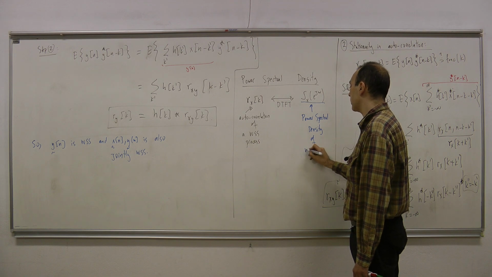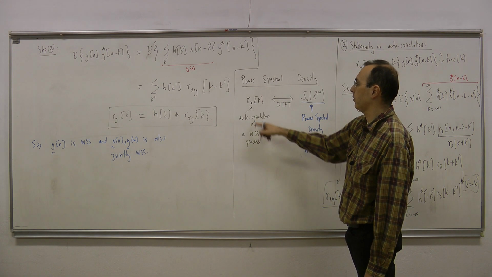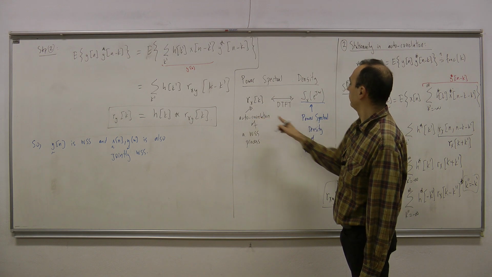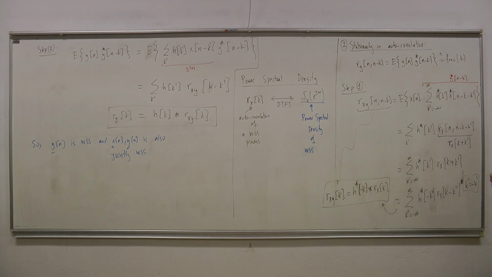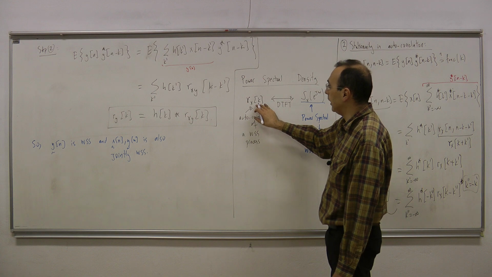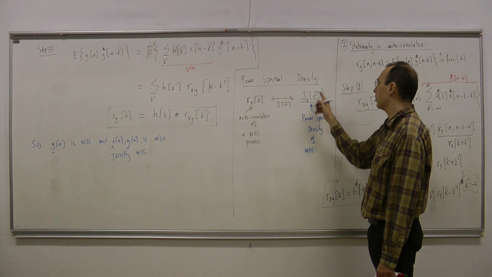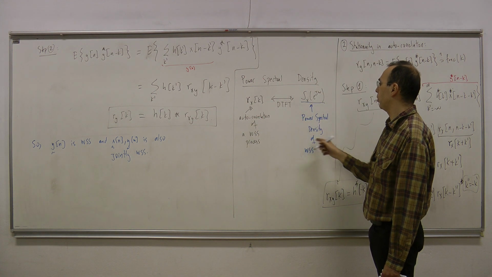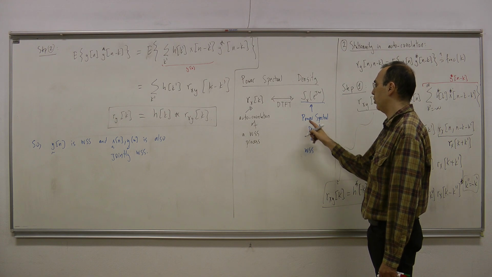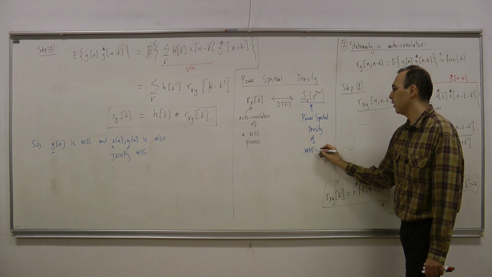This process has to be wide sense stationary, otherwise you have two variables and you cannot take its DTFT. So it's a function of only lag. I can take its DTFT and call it Sx of e to the j omega. I'll explain why we call this power spectral density, and so on. All of these three words are important.